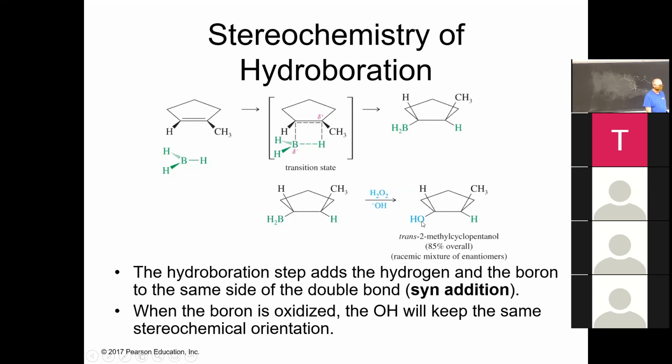And the alcohol and the hydrogen are also syn to each other. Okay, that is, they're eclipsed, on the same side of the ring. Usually you can't tell this unless you have a ring. If you have an open chain compound, you wouldn't be able to necessarily see the stereochemistry.